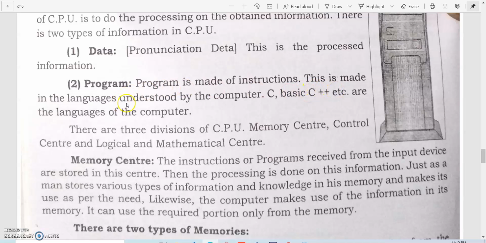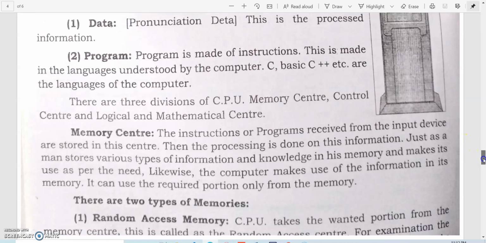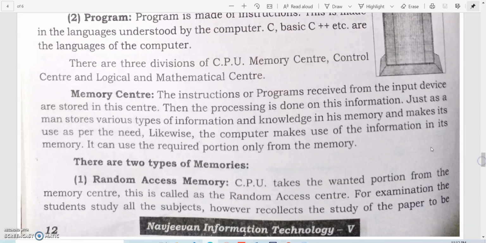This is made in the language understood by the computer, like C, C++, etc., because computer can understand only machine language. There are three divisions of CPU. CPU has been divided into three main parts: memory unit, control unit and arithmetic logical unit.